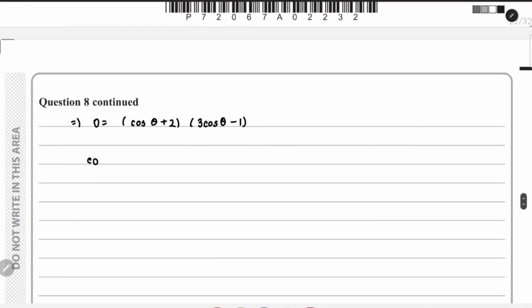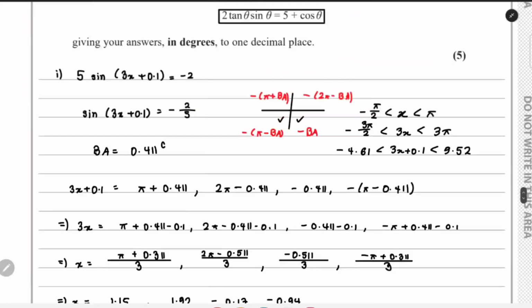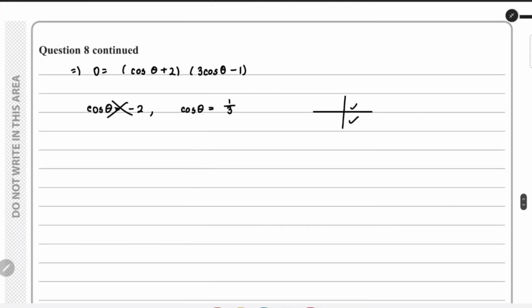We get the values of cos theta to be minus 2 and cos theta to be 1/3. The range of cos is from minus 1 to 1, so we cannot get minus 2. So cos theta must be 1/3. It's in the first or fourth quadrant. The range is 0 to 360 degrees.